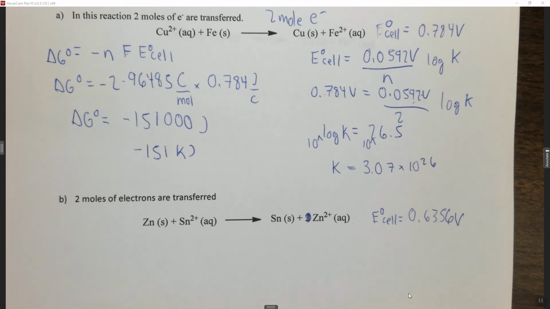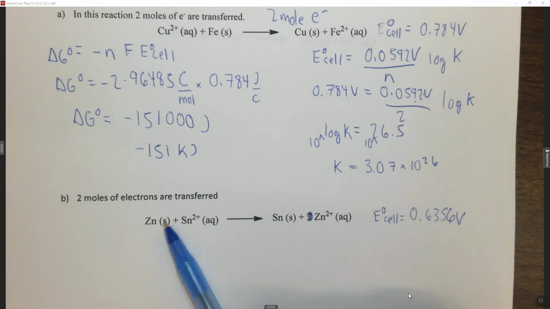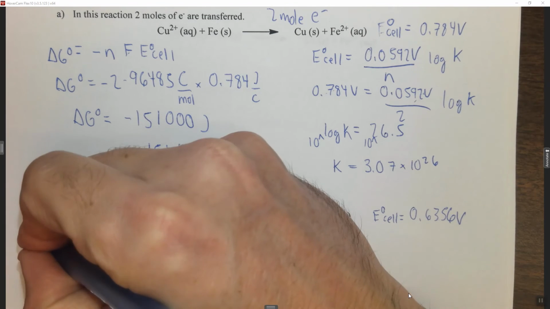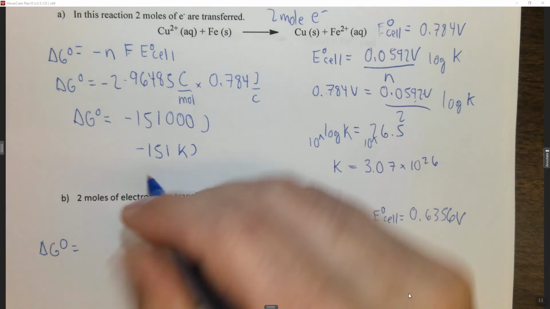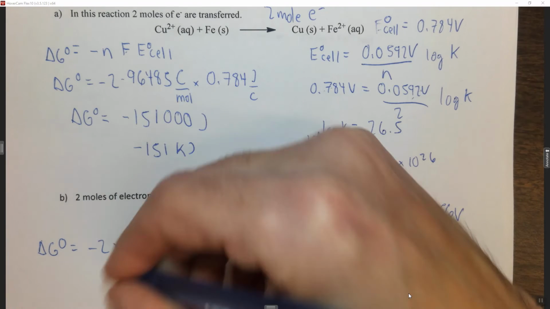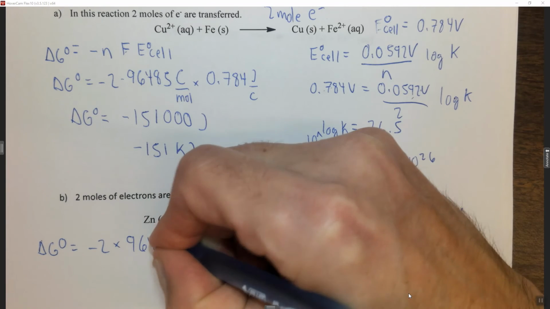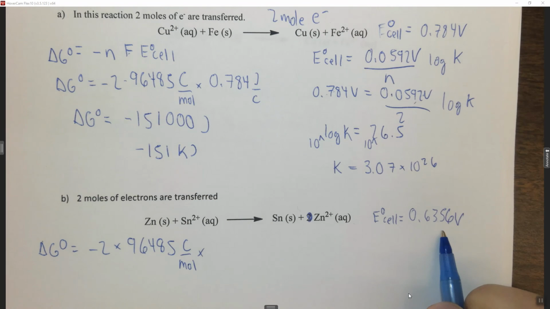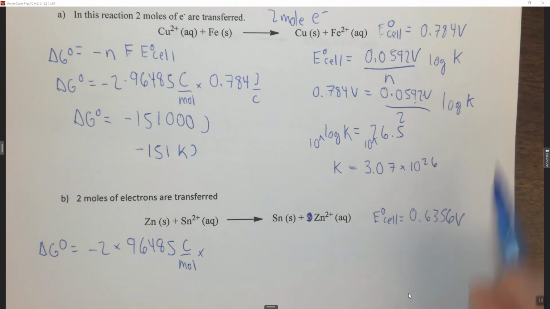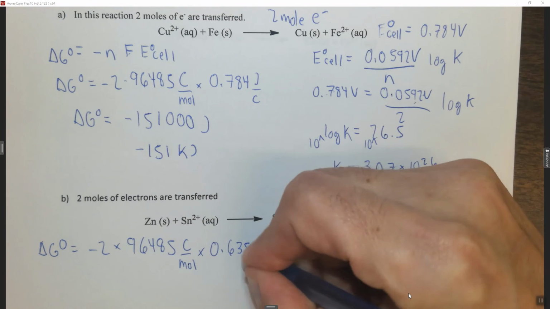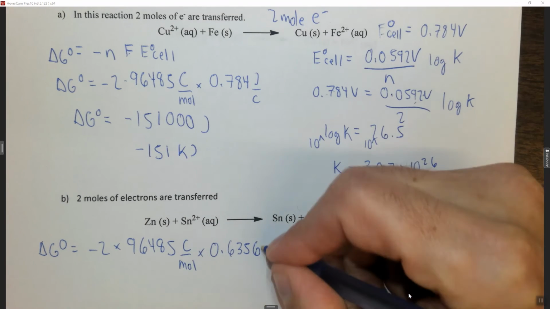All right, so the question below is exactly the same thing. We again have 2 moles of electrons transferred. We found the Ecell in a previous question, so we can just plug in. Delta G naught equals minus N, it's 2 moles of electrons, times Faraday's constant, 96485 coulombs per mole, times the Ecell, which in this case is different, 0.6356, and that's joules per coulomb or volts.